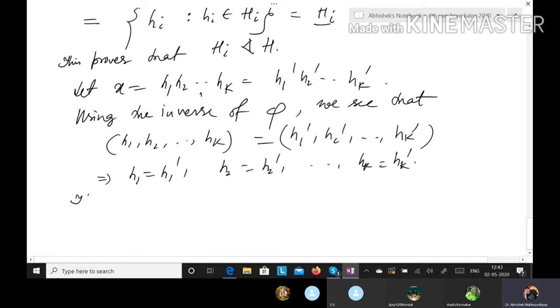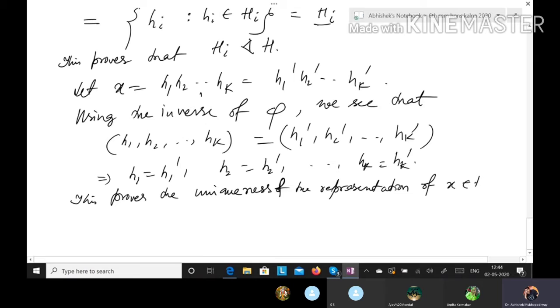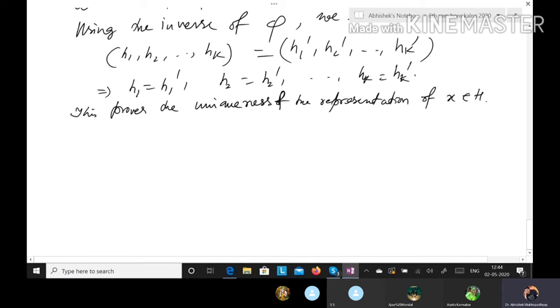So this proves the uniqueness of the representation of small x belongs to H. So this proves that 1 implies 2.